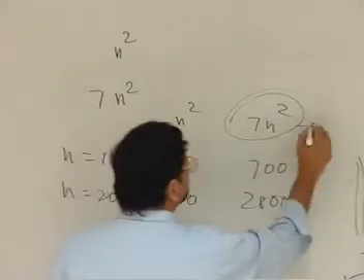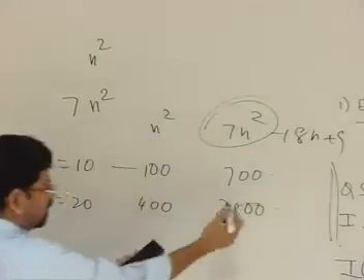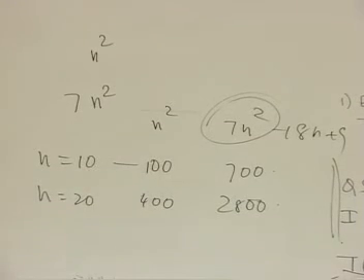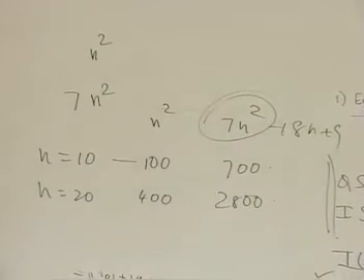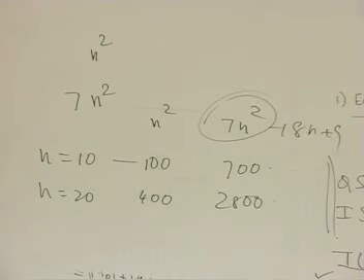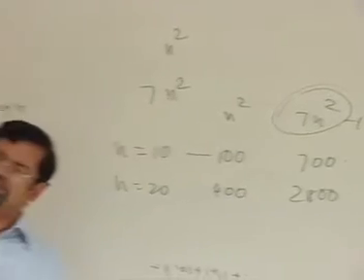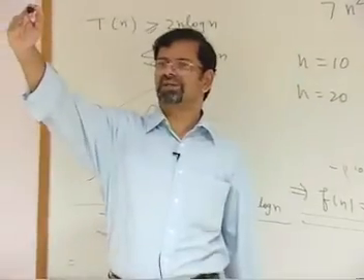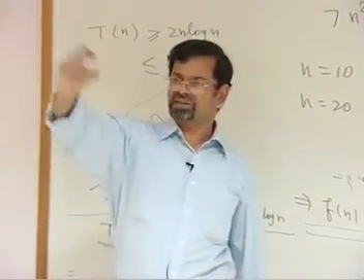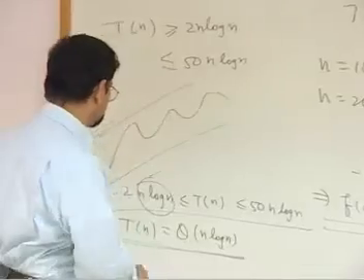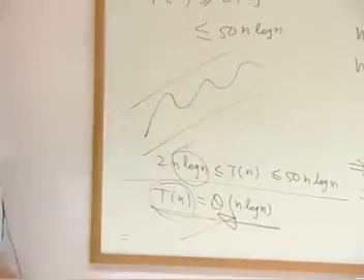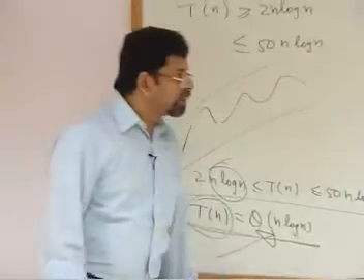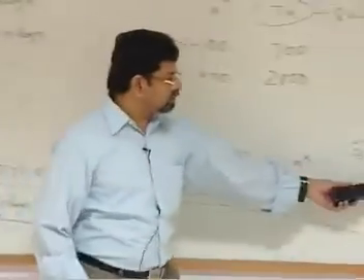For 7n square plus 8n plus 9, something will become something else. But if you look at the growth rate, n square and this will have the same growth rate. In other words, you have observed the asymptotic growth rate. As n becomes larger and larger, the nature of the function is precisely captured when you have T of n estimated via theta.